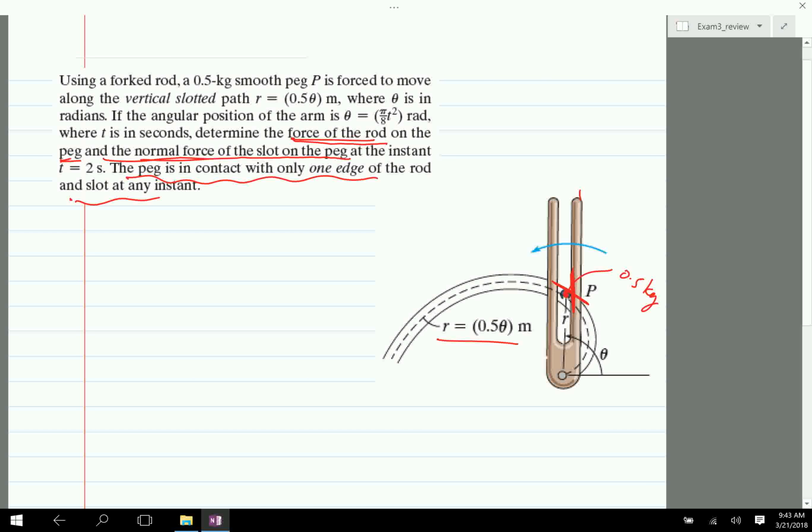So let's draw the free body diagram of the peg. So we'll have a force from the rod acting at right angles to this surface, right? So it's going to be F_P, the way it is shown. The force between the peg and the slotted path is always going to be normal to the slotted path at that point. So at any instant of time, you can actually find a normal, right?